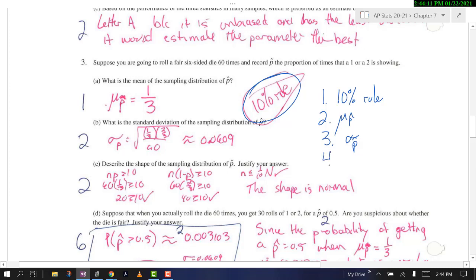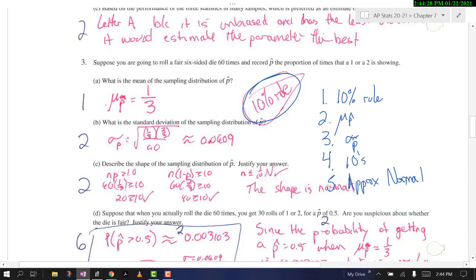And after that, in this case with proportions, the tens, then you have an approximately normal sampling distribution of the proportion. That's kind of what we did.